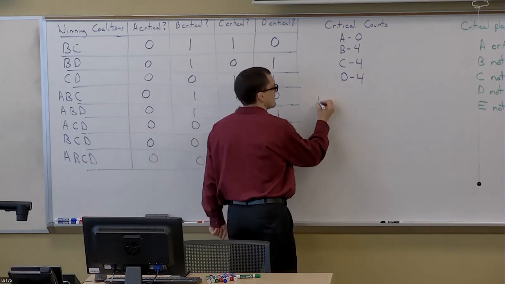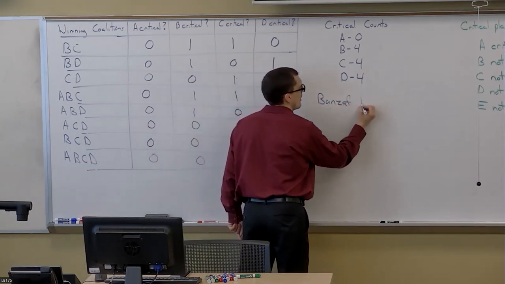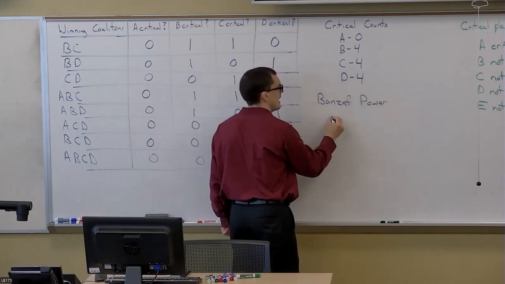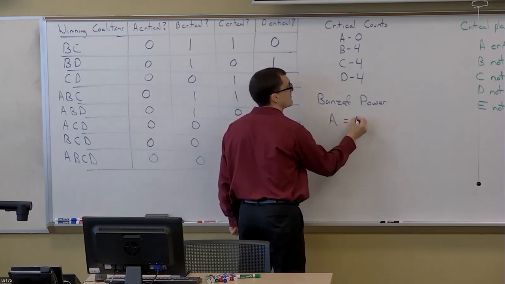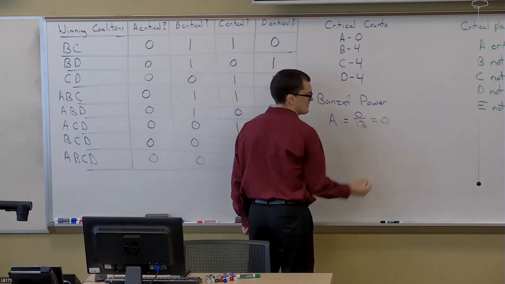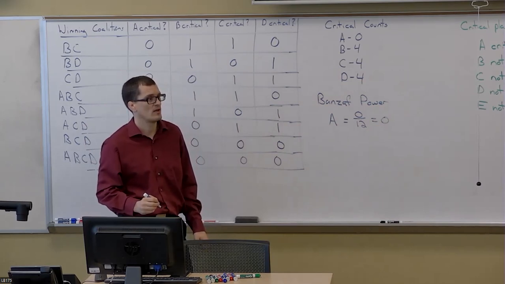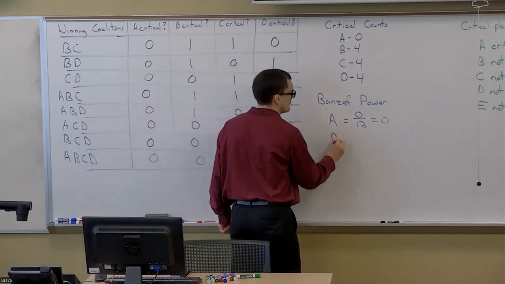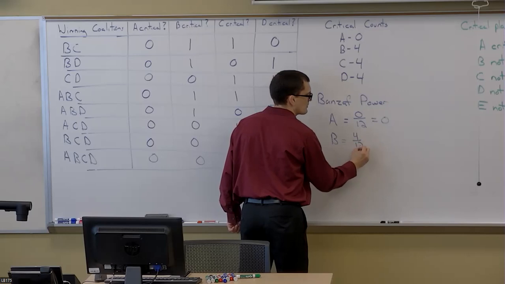So we would say the Banzhaf power index. A has a Banzhaf power index of 0/12, which is just 0, right? B has a Banzhaf power index of 4/12.